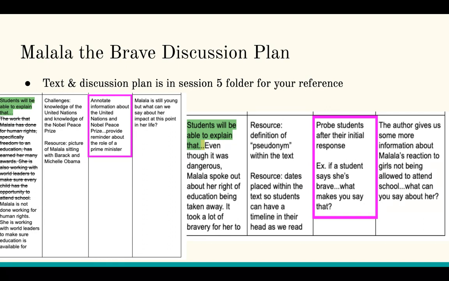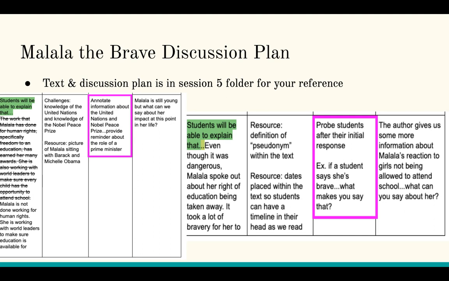In my other example on the right, I wanted my students to speak about how we could describe Malala from what we had learned so far. I knew I was going to want to probe my students after their initial response. So for example, if a student says that she's brave, I wanted to probe by following up with what makes you say that.